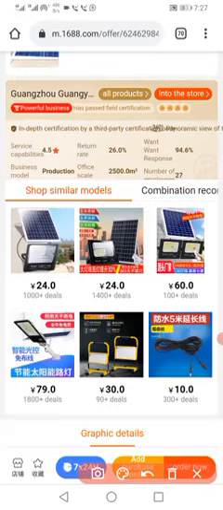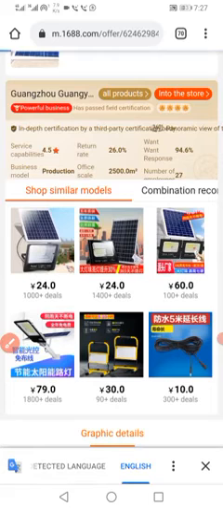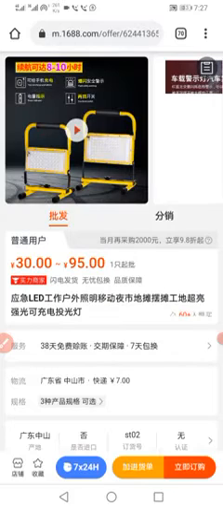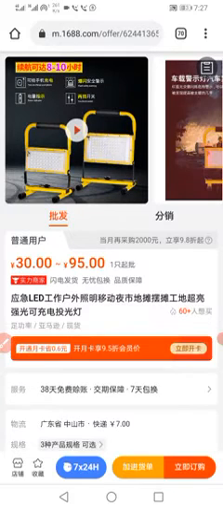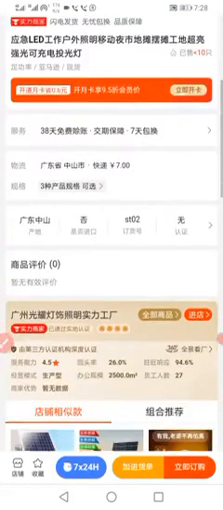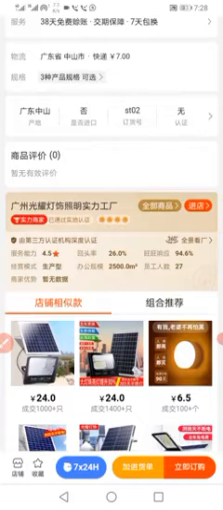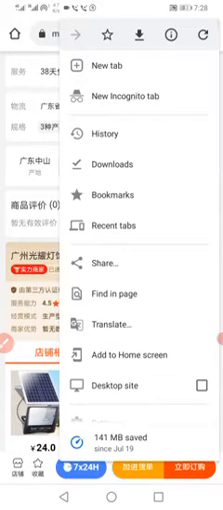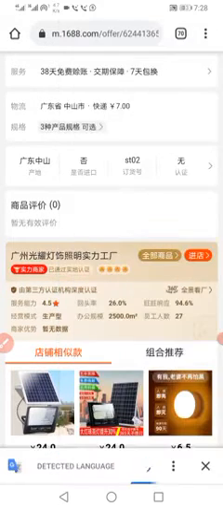Now let me look at another product from this same manufacturer. Let me click on this. Now you can see that this is still the same manufacturer, but this is a different product.